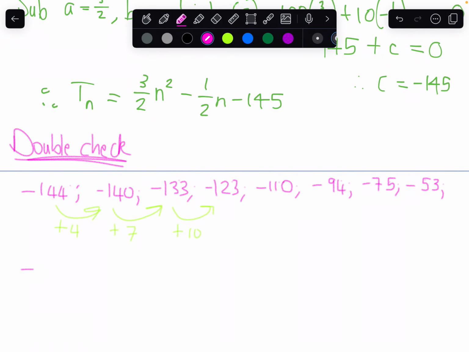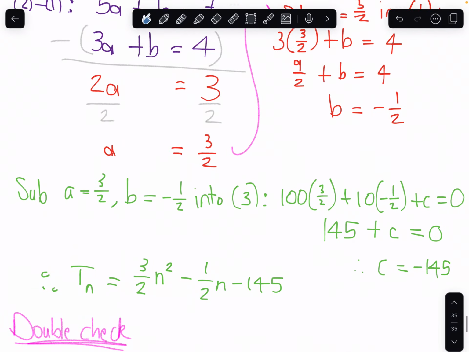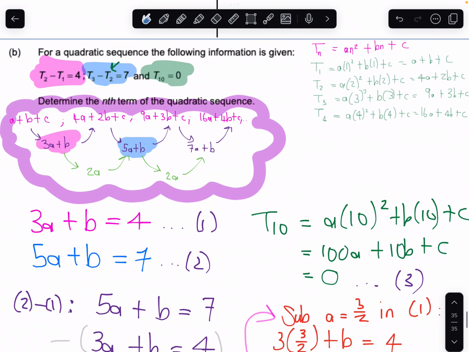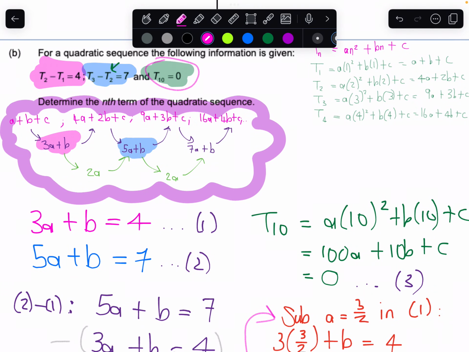So that will be negative 28. And then we have to add 28, which gets us to 0. Woohoo! So term 1, term 2, term 3, term 4, term 5, term 6, term 7, term 8, term 9, term 10. Yay! Okay, so that is congruent to what we were initially told.